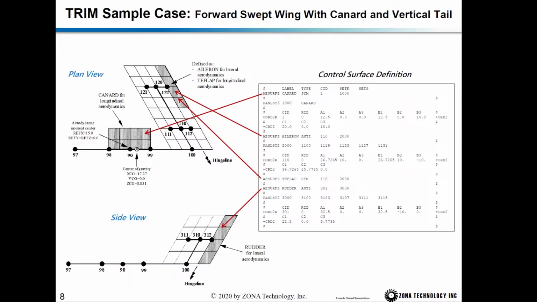At the end, the trim module will superimpose the anti-symmetric deflection and symmetric deflection to give you the net deflection of those panels. The last one we call rudder, an anti-symmetric control surface, and this is the CORD2R card whose y-axis defines the hinge line. It again refers to the PANLST2 card to list out the panel IDs of those four panels for the rudder.